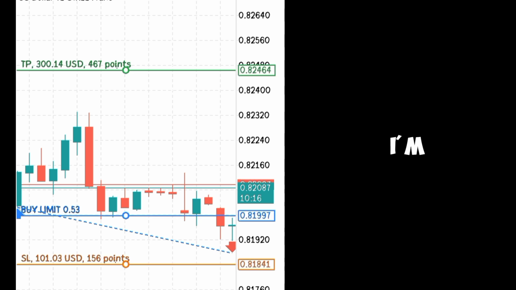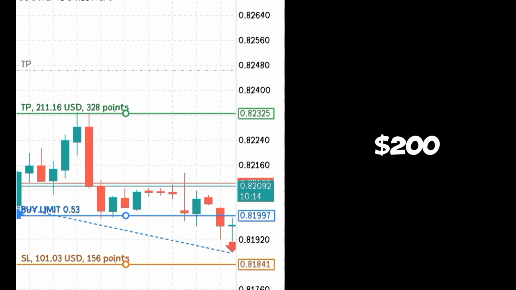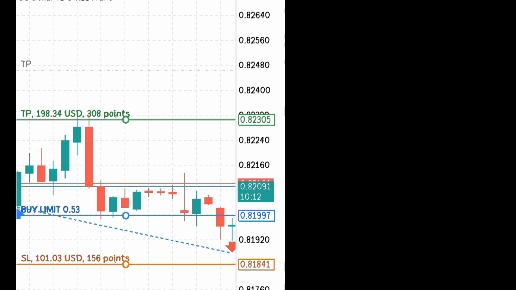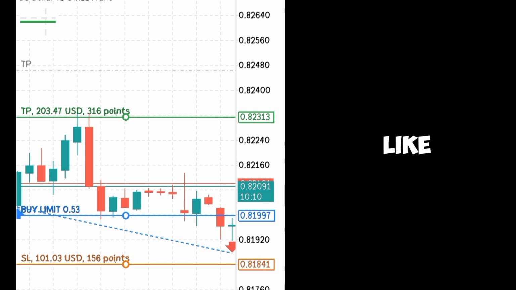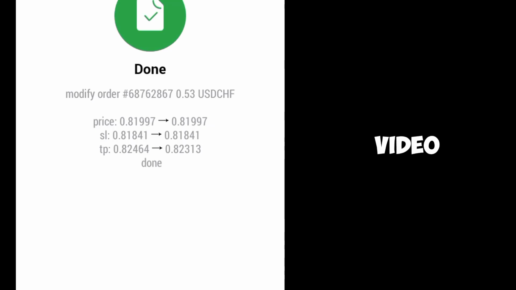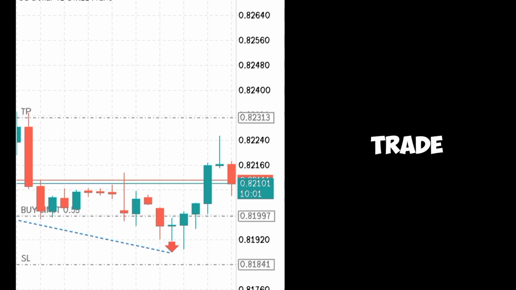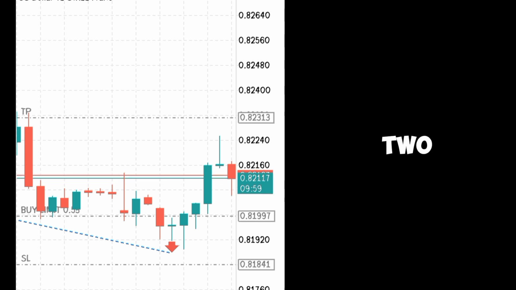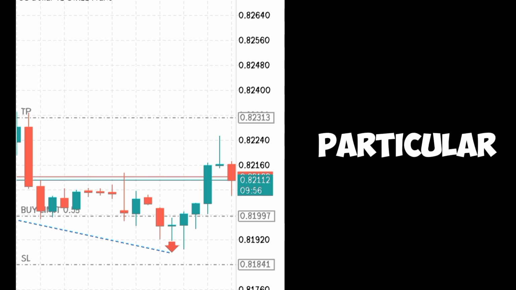Okay, no, I'm risking $100 for $200 rather, just like I spoke about in the beginning of the video. So there are 2 things that can happen here. You lose out on this trade or you win this trade. Those are the 2 things that can happen on this particular trade.